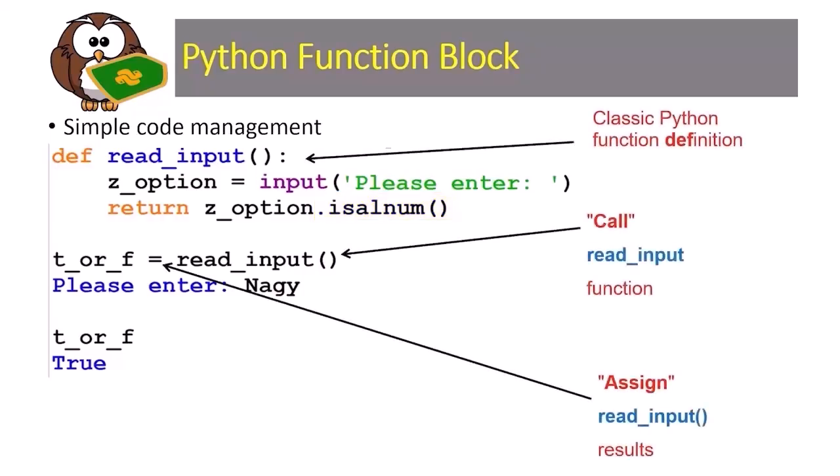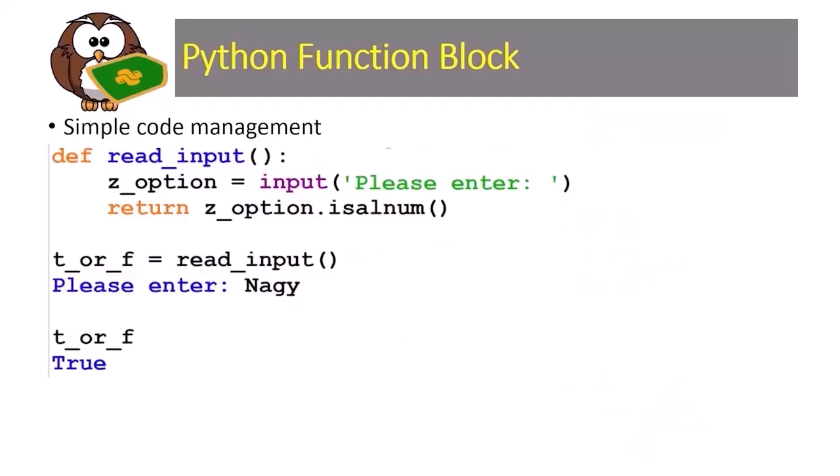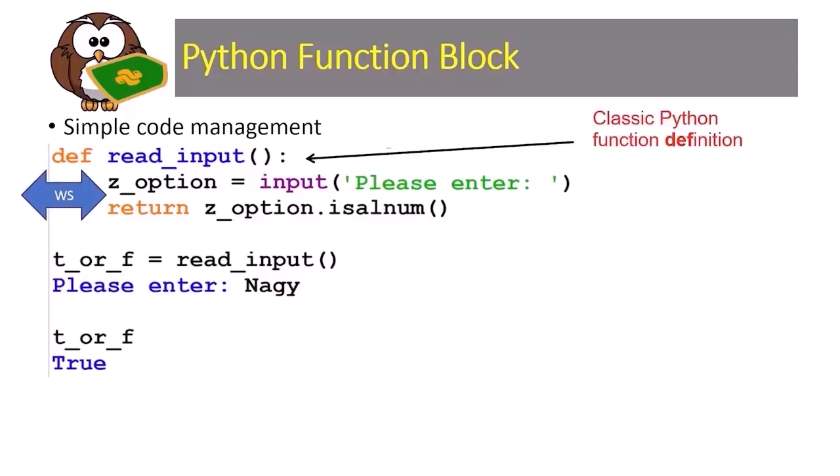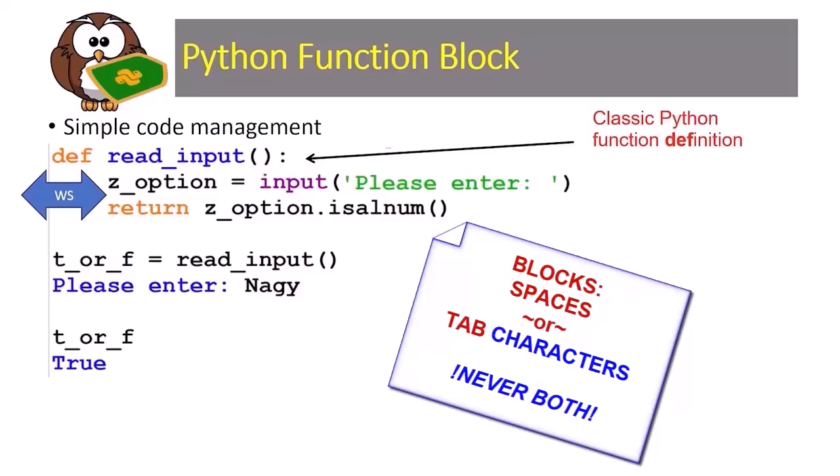Lots of things going on here. The first, of course, is we're going to be defining a function and then inputting an indentation of white spaces. And in Python, whenever we start a block, those white spaces have to be either spaces or tab characters, but they really can't be both.